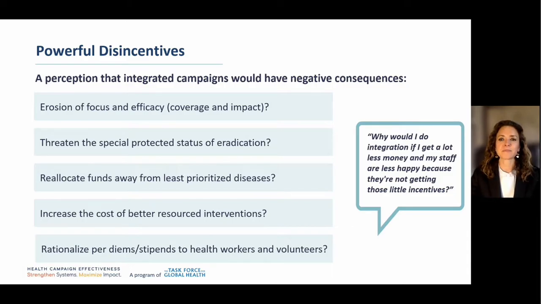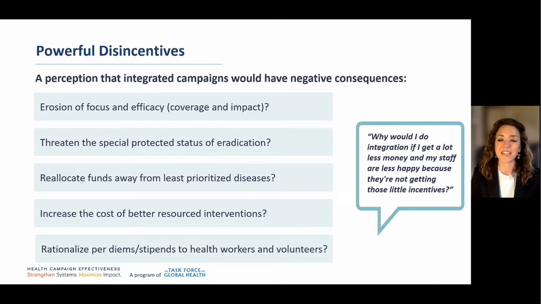For example, would integration erode focus on a particular disease with the dilution of mandate, leading to lower campaign efficacy, lower coverage, lower impact? Would it jeopardize the special protected status of eradication if you take your eye off the prize? Would it reallocate funds away from the least prioritized diseases?